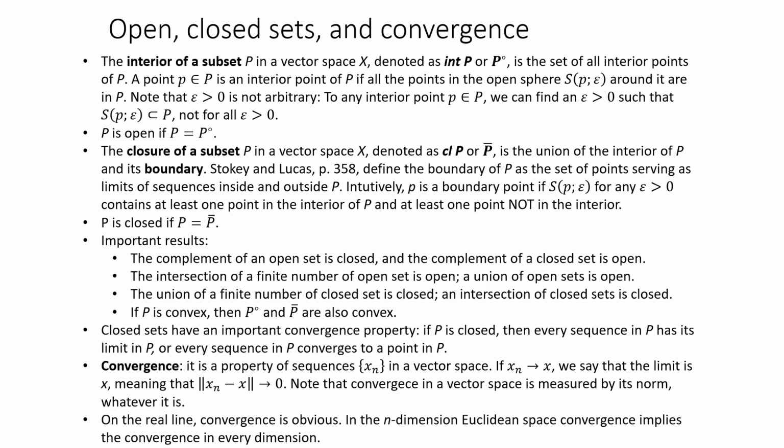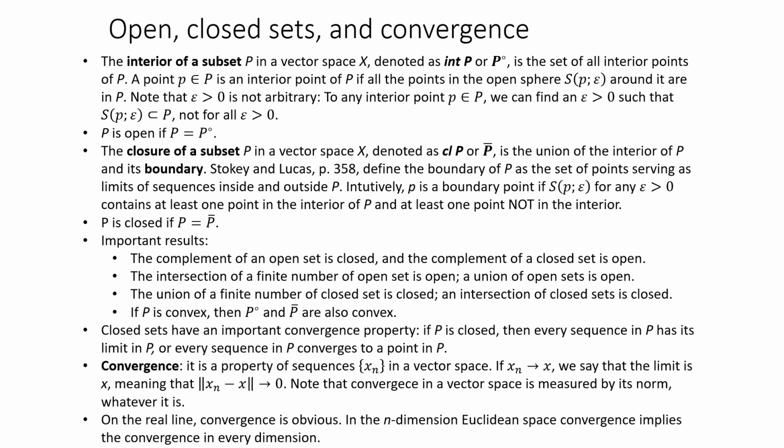So if a sequence is said to converge to a limit point, then the distance between subsequent elements of the sequence and the limit point, the differences, are decreasing. So we get closer and closer to the limit point.